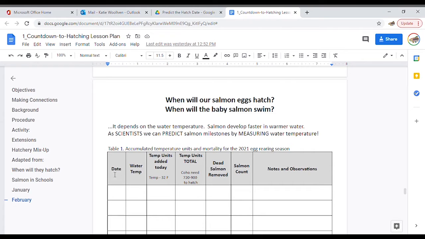We've got a space for the date, 1 water temperature instead of 2, and the temperature units added for 1 day, along with the accumulated or total temperature units. You can also record if you removed any eggs or found any dead salmon. You can have a salmon count from your aerial photo, and also space for different observations.